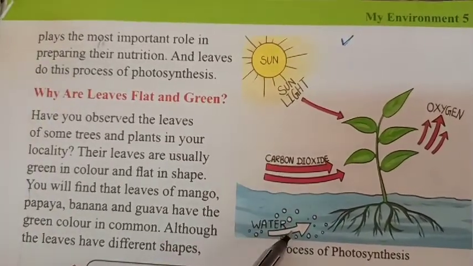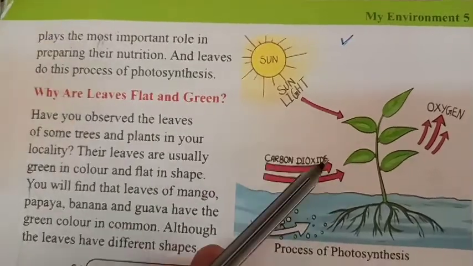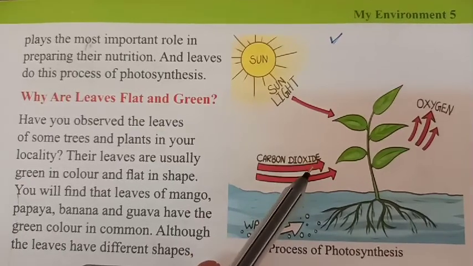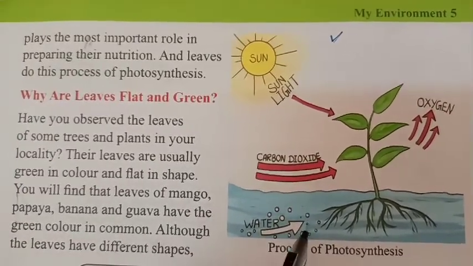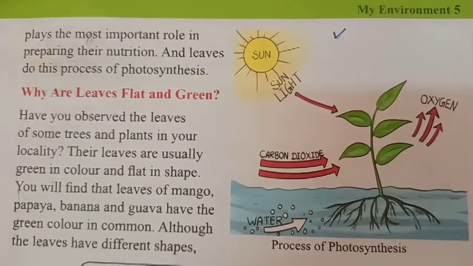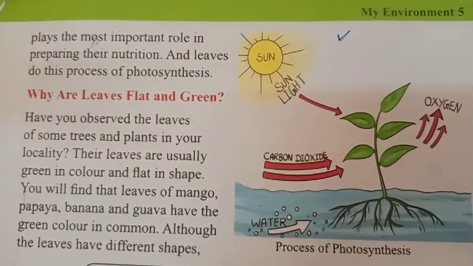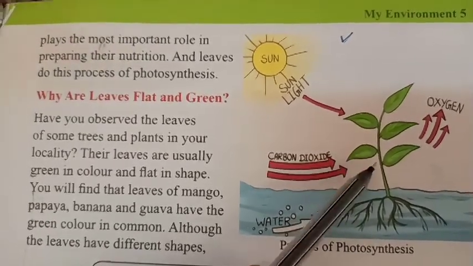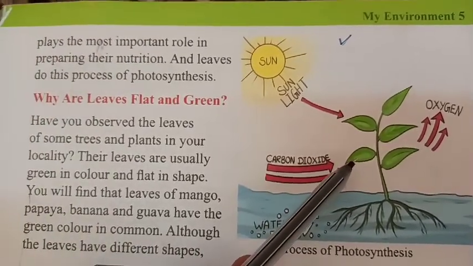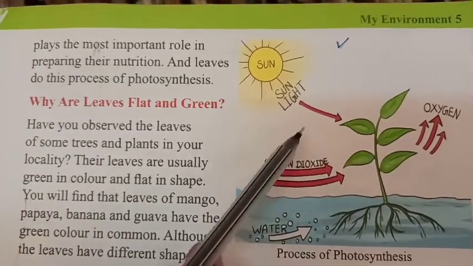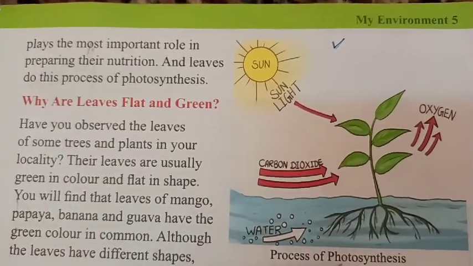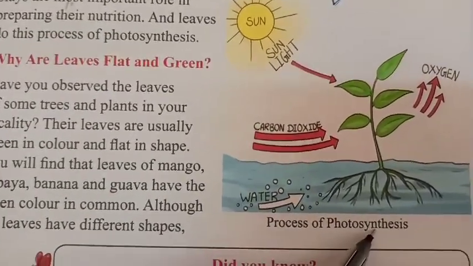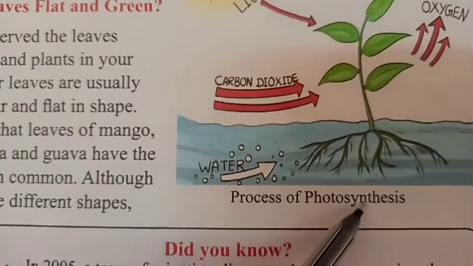And with these three things plants can prepare their food in the form of starch. Okay, and they store it in the form of starch, which is also a kind of sugar, and this is stored in the plants in the form of food, and that's why this full process is called photosynthesis.